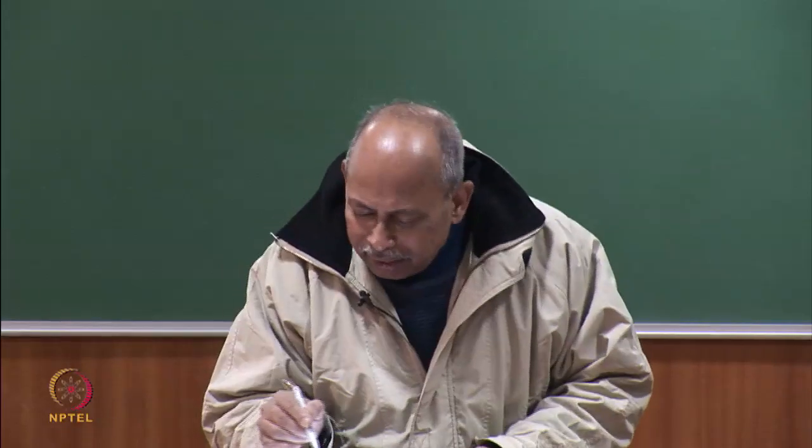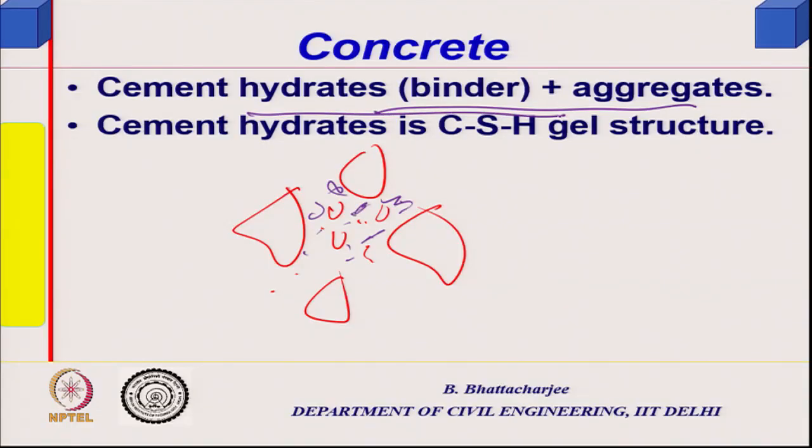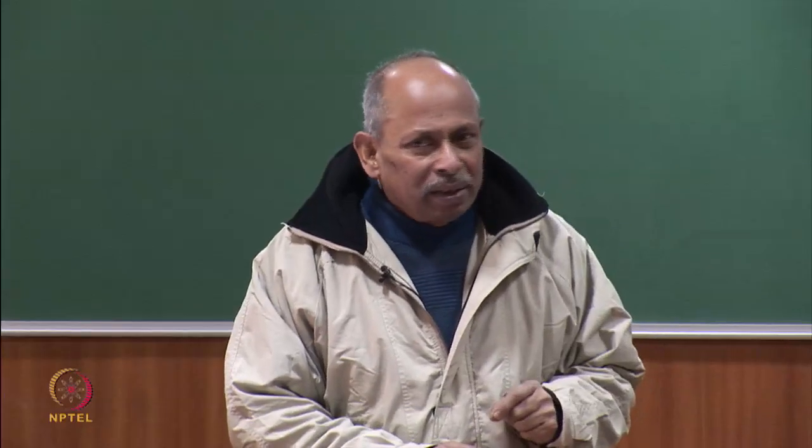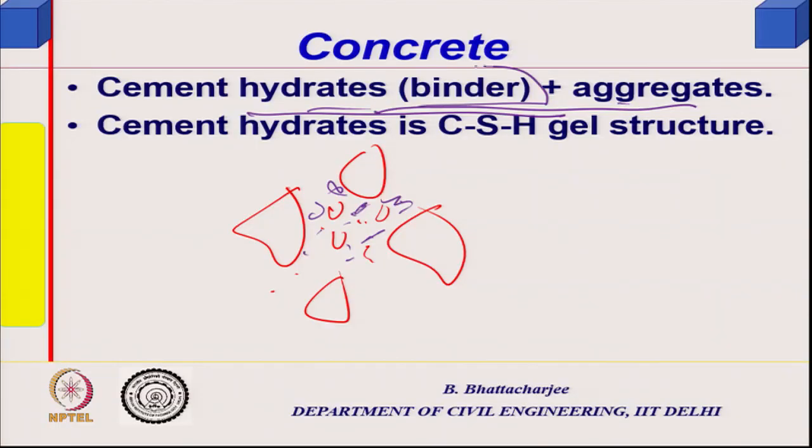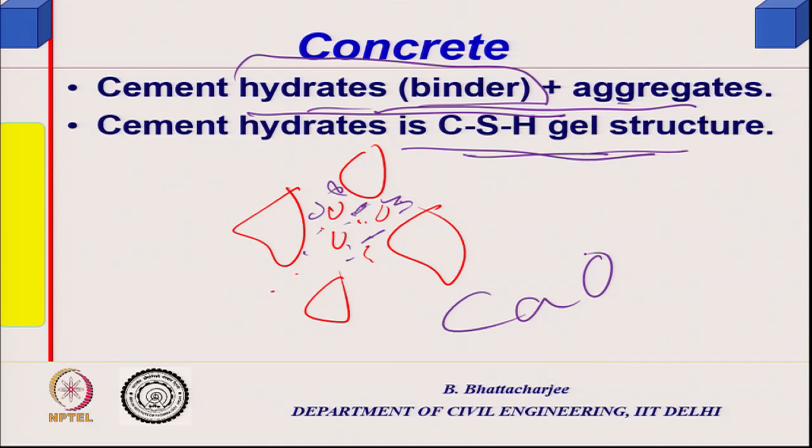The vulnerable one is this, because this is man-made at ordinary temperature through the reaction of cement. This is the vulnerable portion. This is what we call calcium silicate hydrate, a gelatinous structure. So, we call it CSH gel. What is calcium oxide? Some of you would have forgotten.